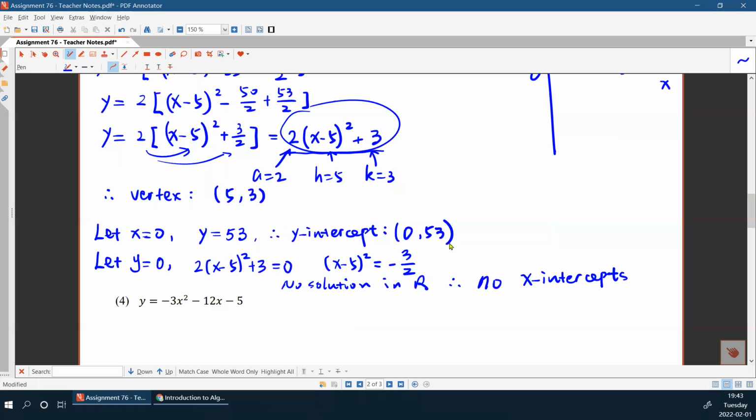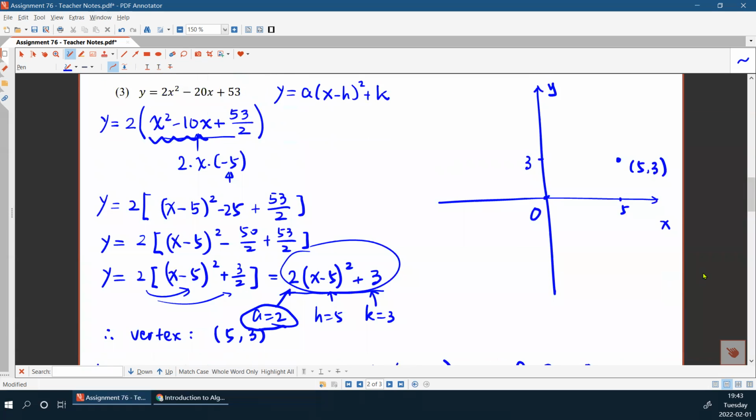Okay, last, let's check the value of a. According to the vertex form, a is 2, which is greater than 0, right? So that means this function will have a shape that opens up.